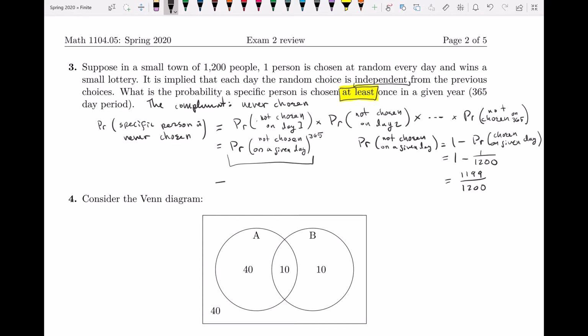So then our final answer is 1199 out of 1200, all to the power of 365. What does that equal? This equals roughly 0.7376.